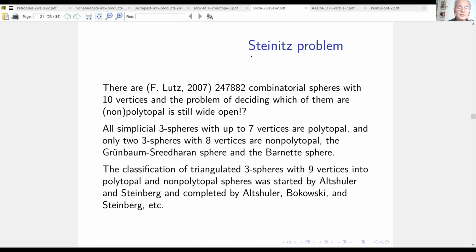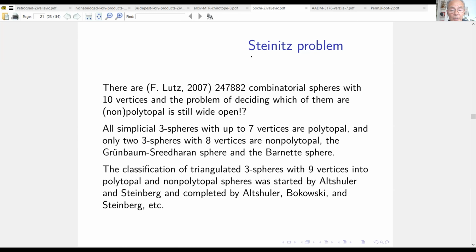And the problem of deciding which of these spheres are polytopal and which are non-polytopal is, as far as I know, still wide open. We should recall that all simplicial spheres with 7 or fewer vertices are polytopal. There are precisely 2 spheres with 8 vertices which are not polytopal: the Brückner or Grünbaum-Sreedharan sphere and the Barnette sphere.